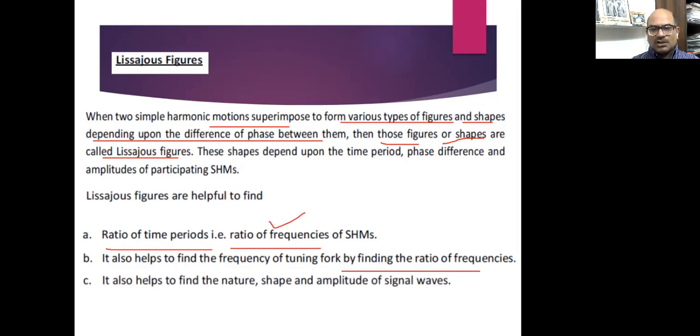And it also helps to find the nature, shape and amplitude of signal waves. So this is the most important part. If any signal wave is available, Lissajous figures help us find the nature, shape and amplitude of those signal waves. So these are important applications of Lissajous figures.